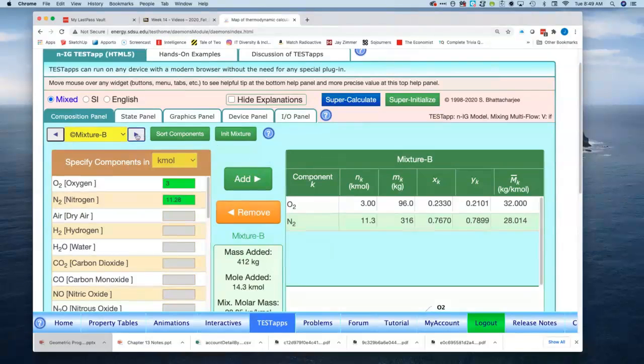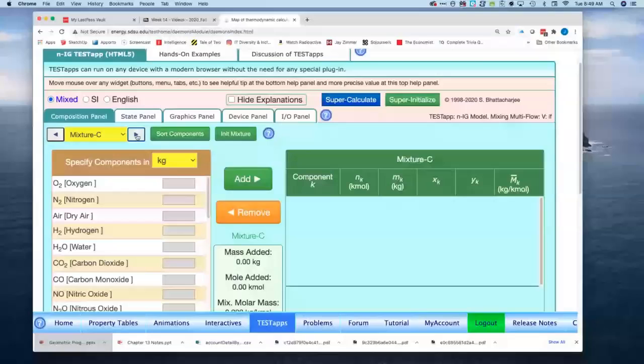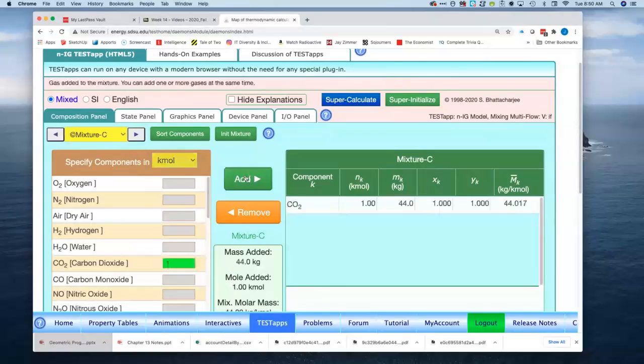And now we're going to go to mixture C. Mixture C, we've already balanced the reaction in the picture that we showed before, and we know that in mixture C we have 1 carbon dioxide. Let's again switch over to kilomoles. We have 1 carbon dioxide, we have 2 waters, and we have 1 oxygen.